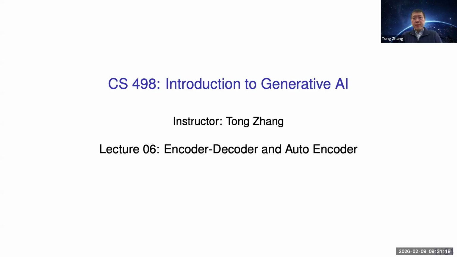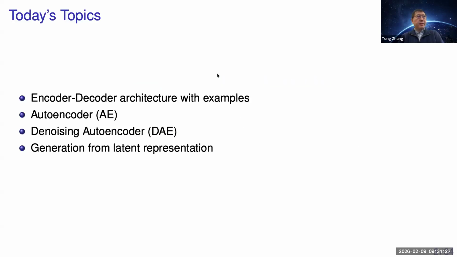So let's look at the topics. Encoder decoder is just a concept, so we will use some examples to illustrate it. The examples don't have to have a state-of-the-art architecture; they are just for illustration.